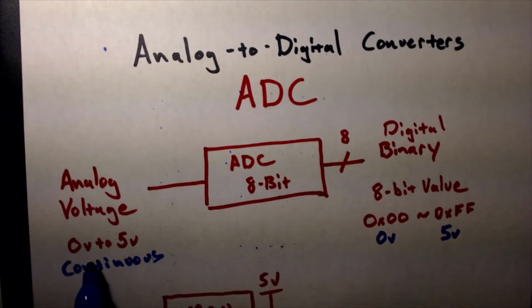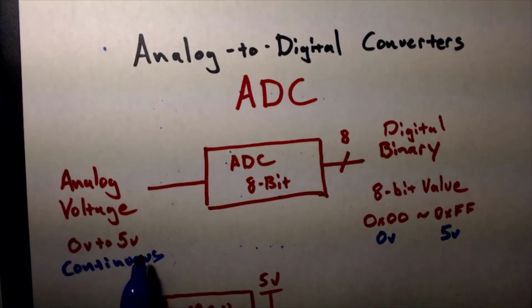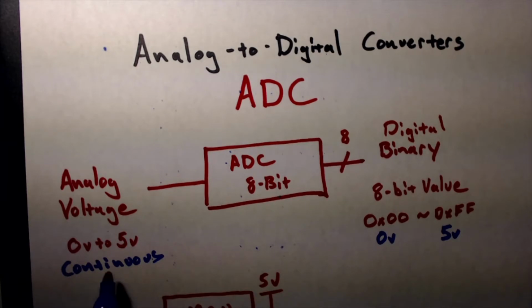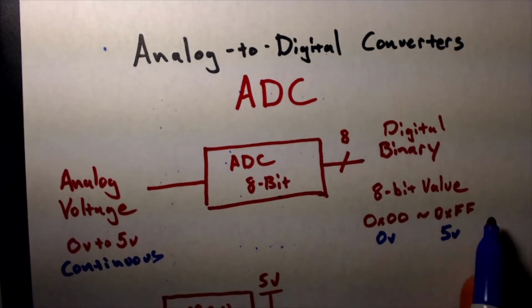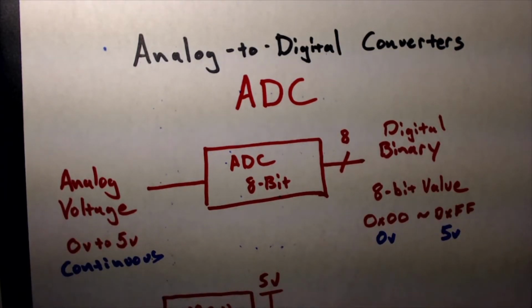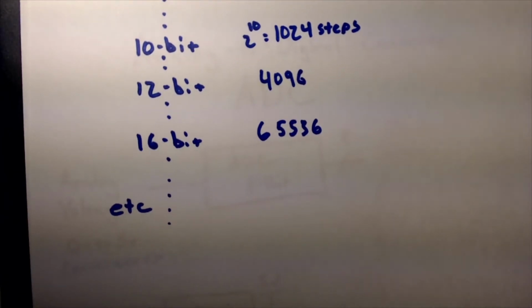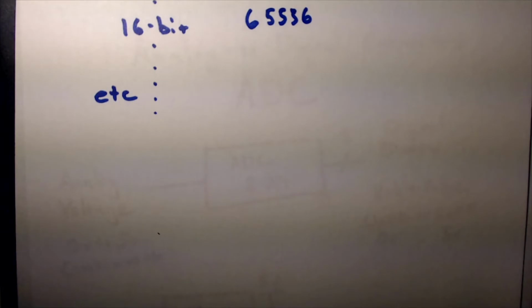However, we need to also refer to the input. So our input is a range. So we need to map our input range to our output range. For that, we're going to specify the step size.